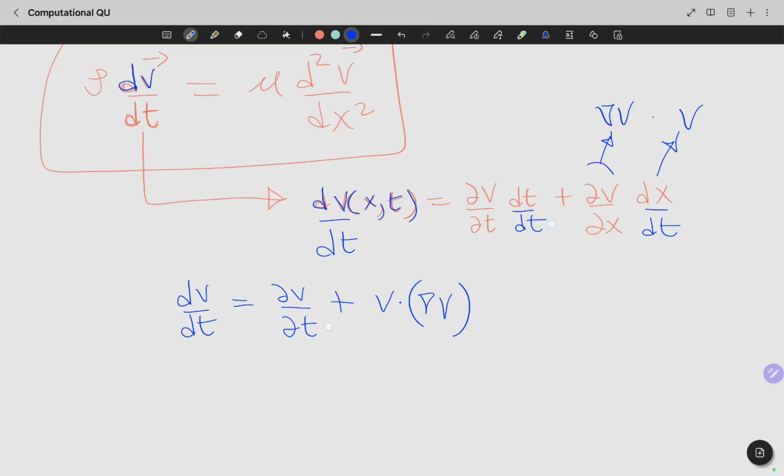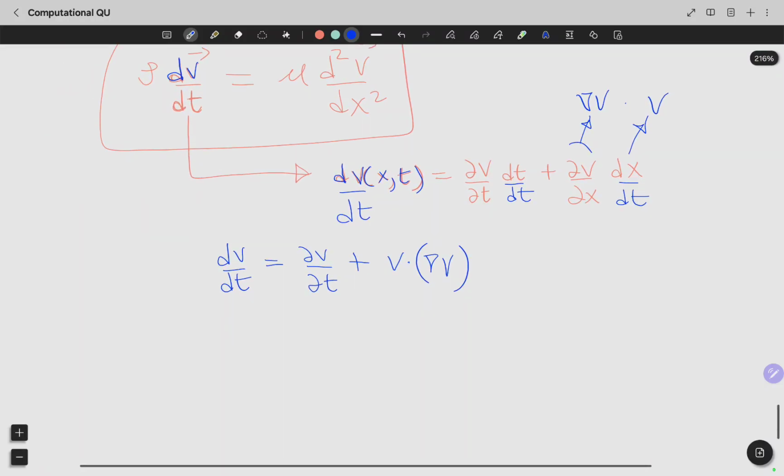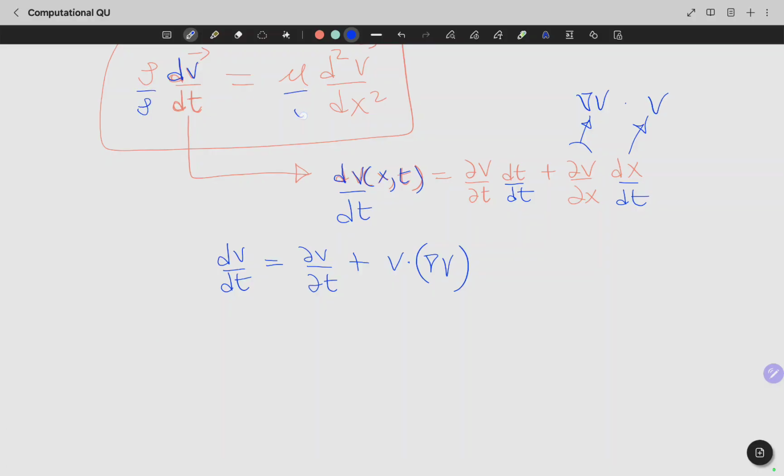Anyways, we put this back in there, and let's divide here by rho and here by rho, so that this guy goes.